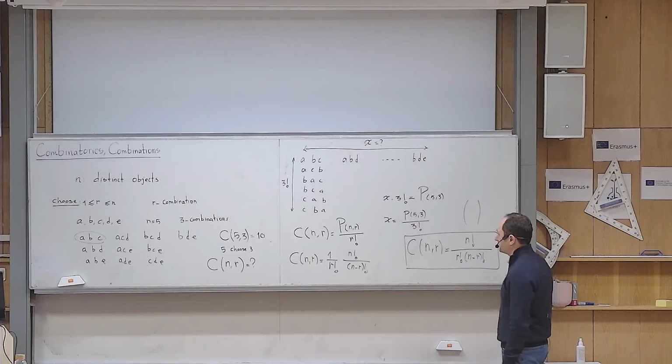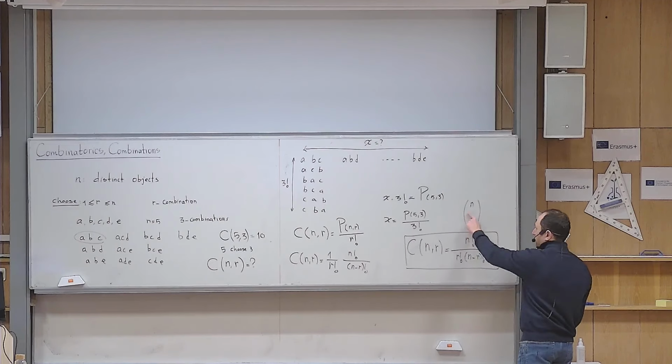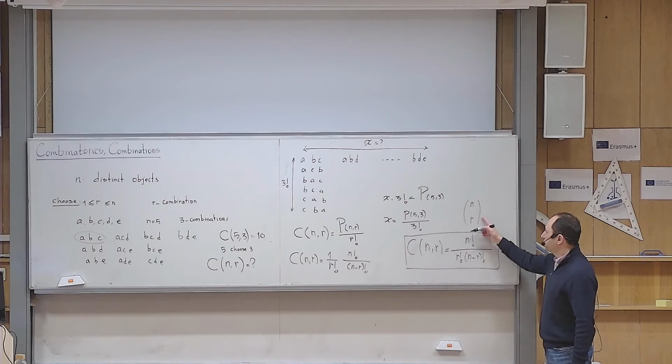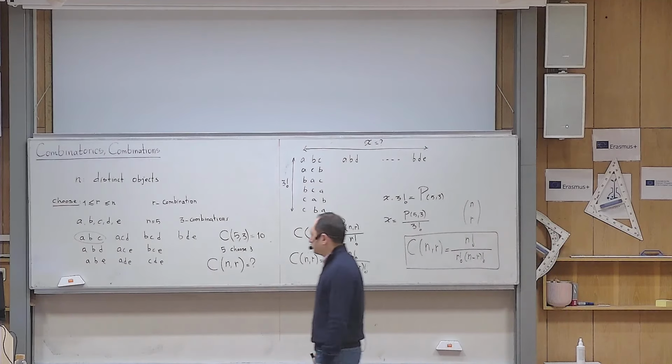But for some reason, in combinatorial books, they denote this mainly by writing something like this, and there is no line in it, okay? So that's two big brackets, and then n and r in a vertical way, the bigger number on top, the smaller number below. Okay, so if you see this symbol, it means exactly that. That's something interesting. It is simple.